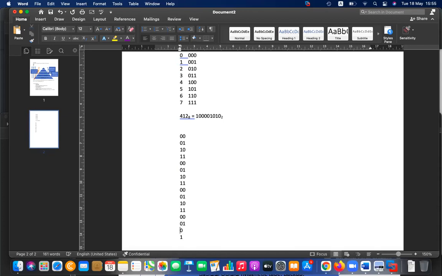What is next? Next digit you know. 4 zeros, 4 ones, 4 zeros, 4 ones. Then you have 8 zeros, and it's always doubling.